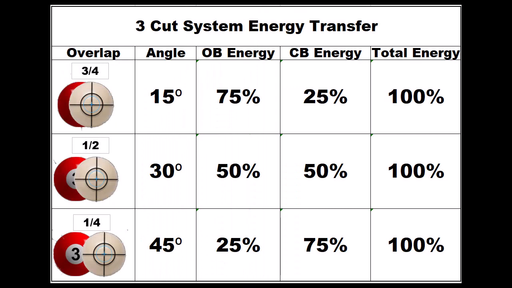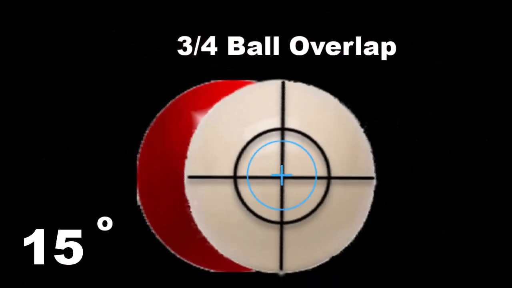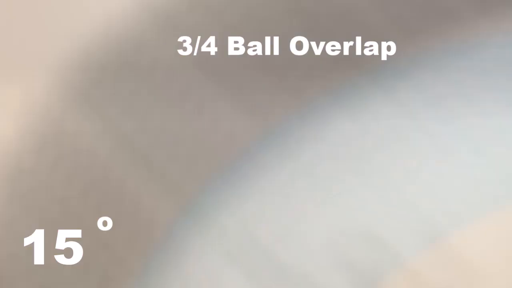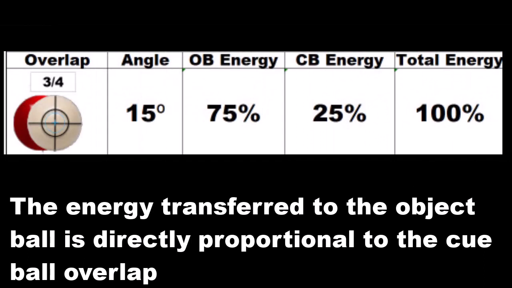The 3-cut system is based on the 15, 30, and 45 degree cut angles. The 15-degree cut angle is made using a 3/4 ball overlap between the cue ball and the object ball. The 3/4 ball overlap results in 3/4, or 75%, of the cue ball energy being transferred to the object ball. The remaining 25% stays with the cue ball.